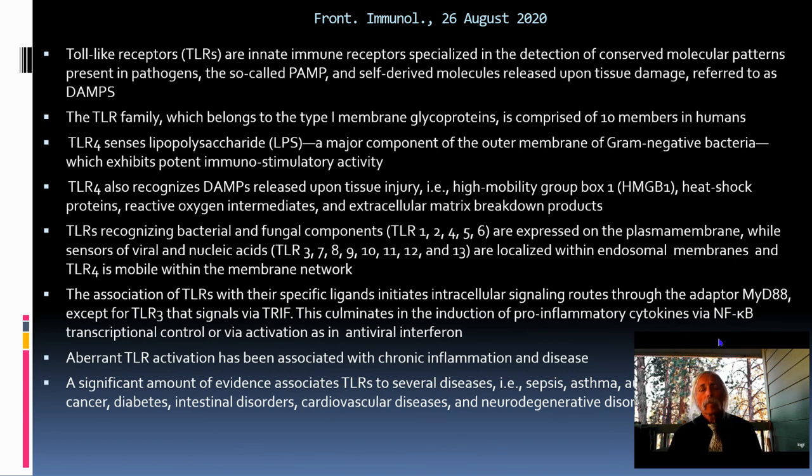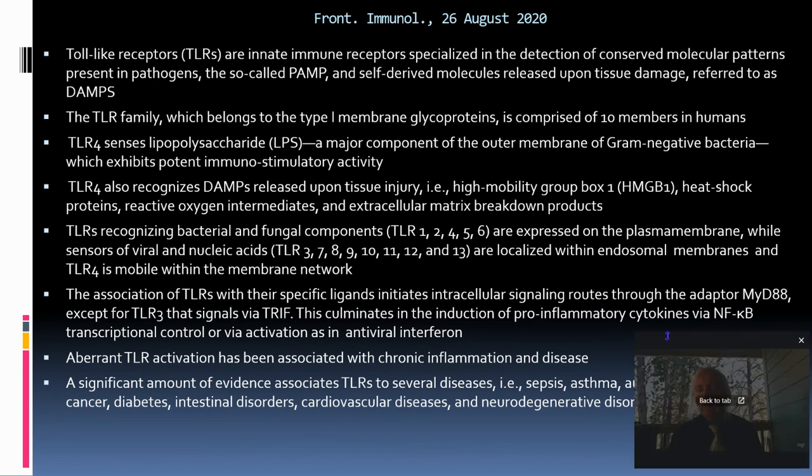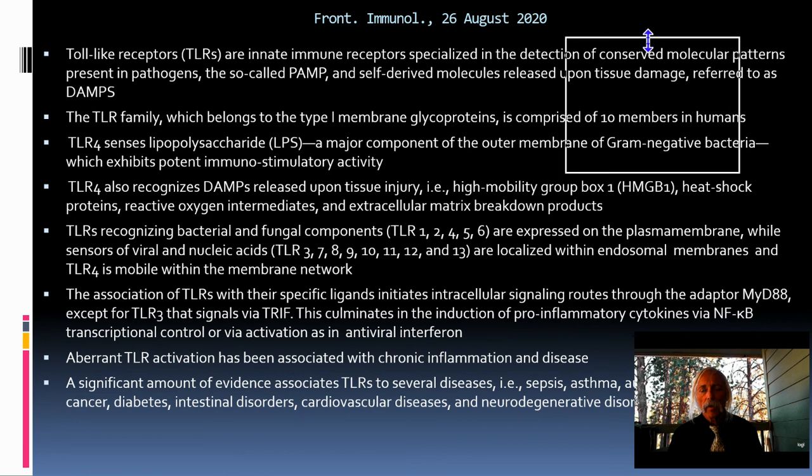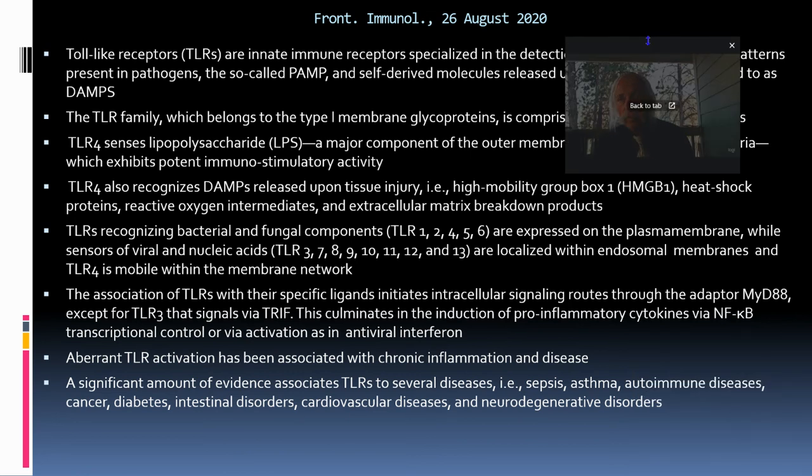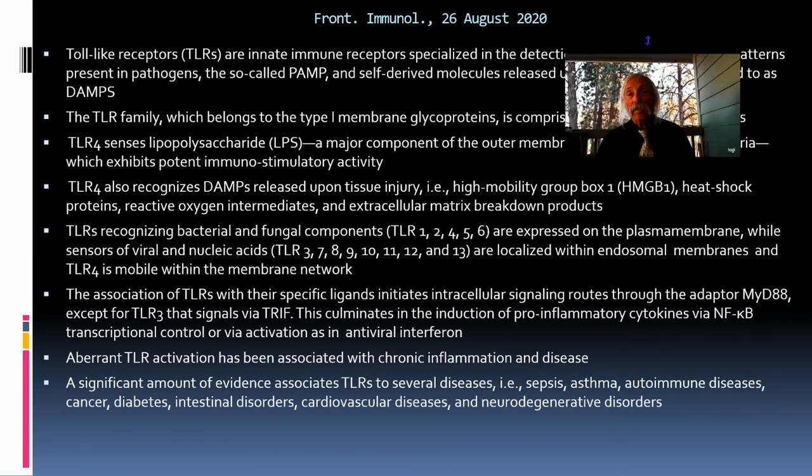Okay? So aberrant TLR4 activation has been associated with chronic inflammation disease, as you might guess, as we've been saying, because it's pro-inflammatory. So a significant amount of evidence suggests that TLRs are associated with specific diseases.